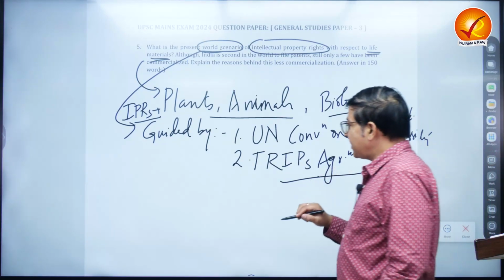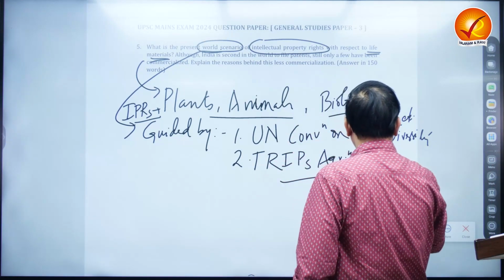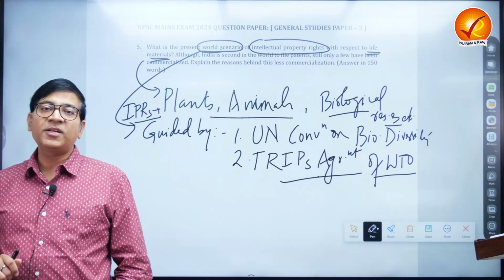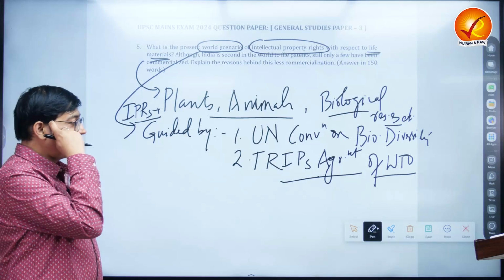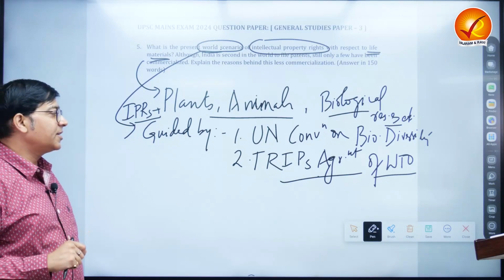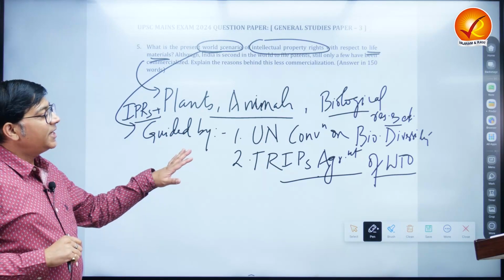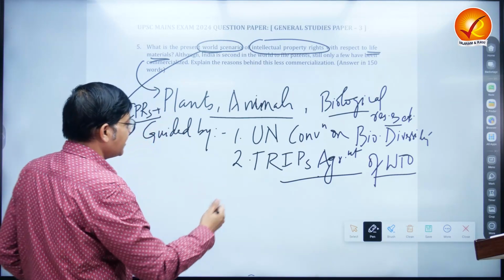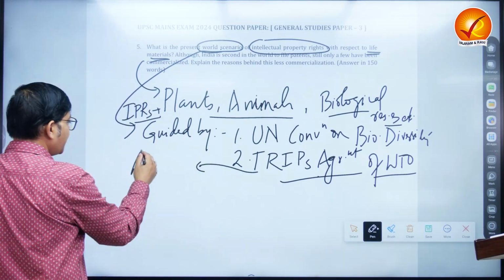Then came the TRIPS agreement of WTO. Indirectly this question also needed knowledge of WTO, a topic which I cover in the GS classes, etc. In the TRIPS agreement, we are talking about certain articles. If you know the articles, you can quote them.